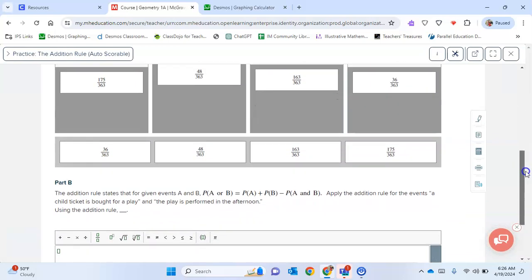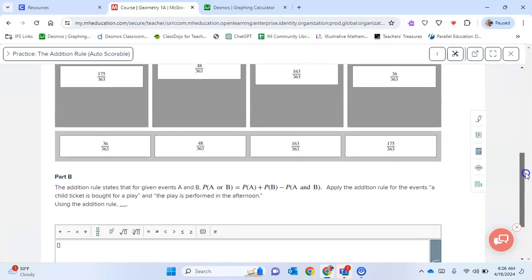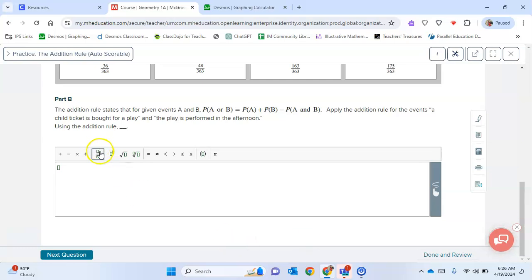that was 175 over 363. Equals the probability of A was 48 over 363.